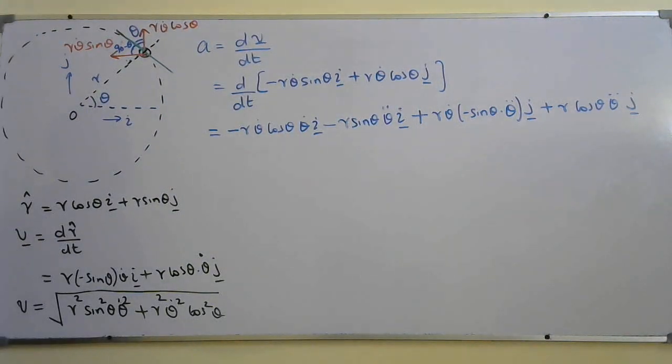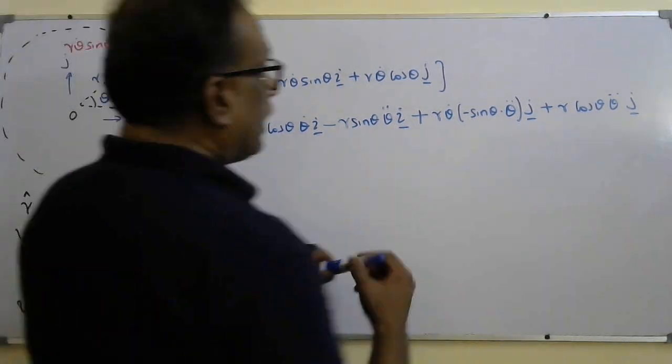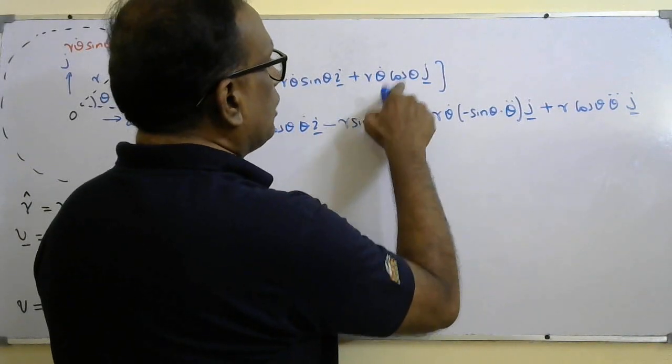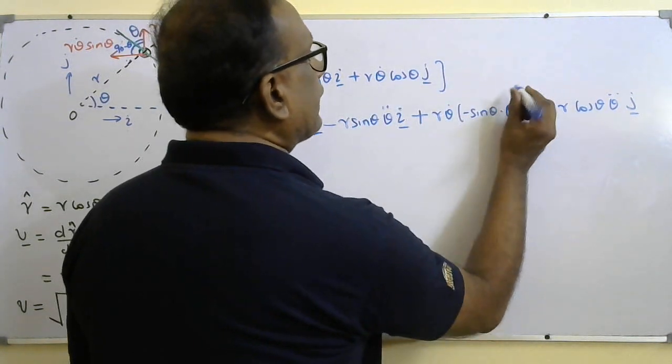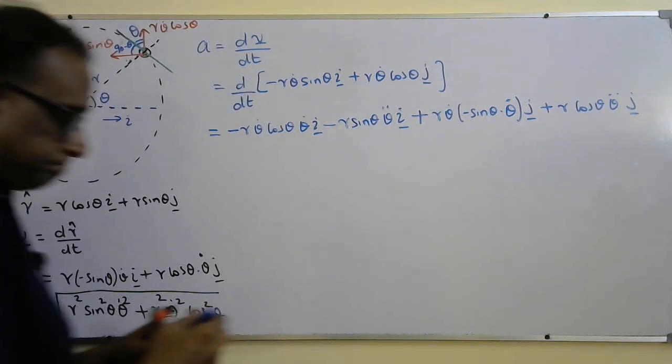Okay, a lot of things are there. That's a small mistake. Cos theta becomes minus sine theta into theta dot, not theta double dot, theta dot. Okay.